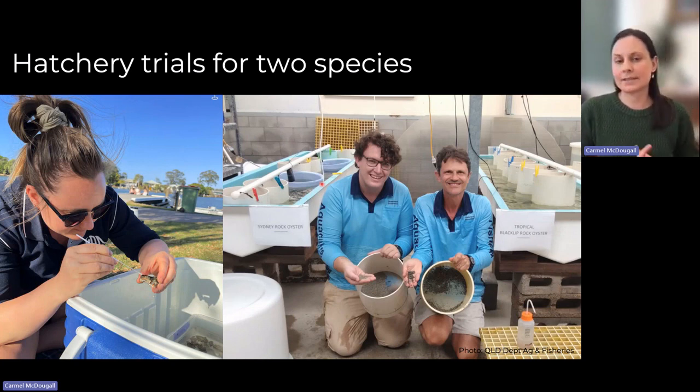But the exciting thing is that colleagues at the Department of Agriculture and Fisheries are currently doing spawning trials with several of these species, and they're having really good success. So that's one aspect: determining what species we have, and whether or not we can produce these in a hatchery and whether they grow well.